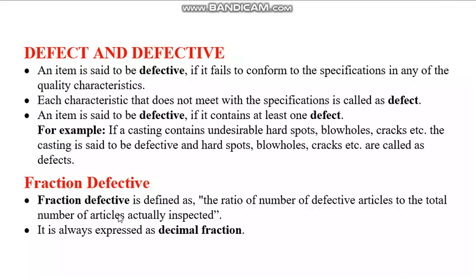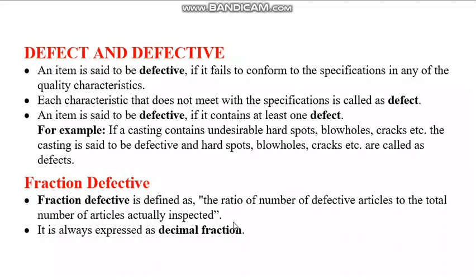When we say fraction defective, what do we mean? It is the ratio of the number of defective articles to the total number of articles actually inspected. For a simple example, suppose we are inspecting 10 articles. Out of 10 articles, 3 are defective.